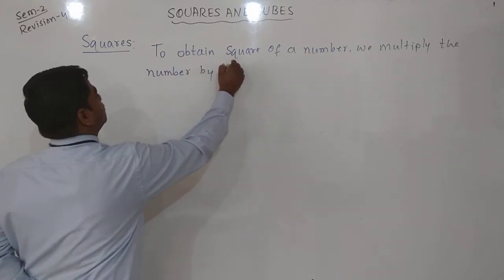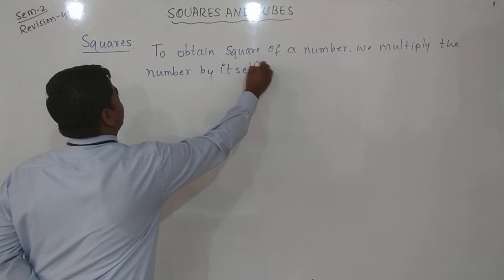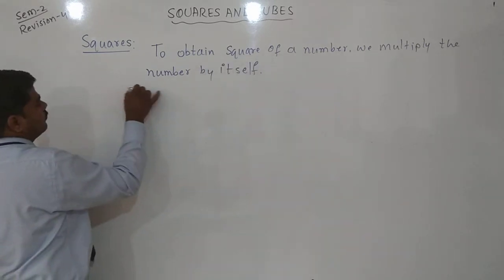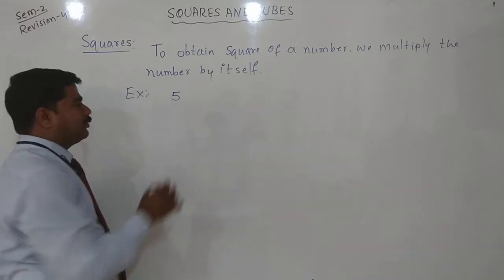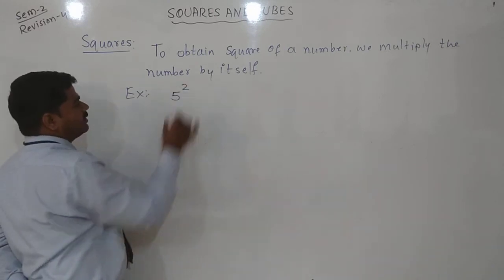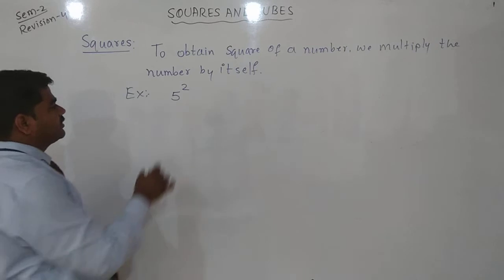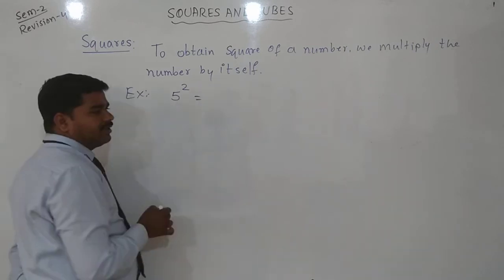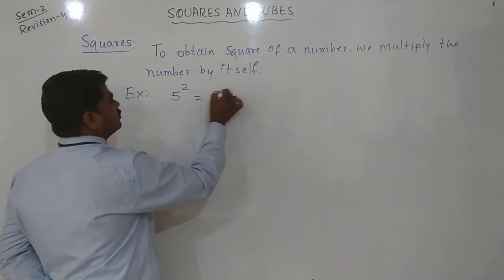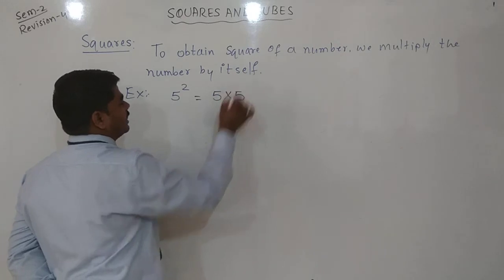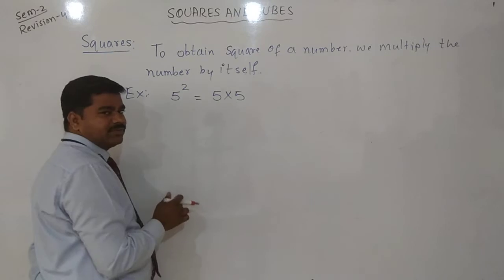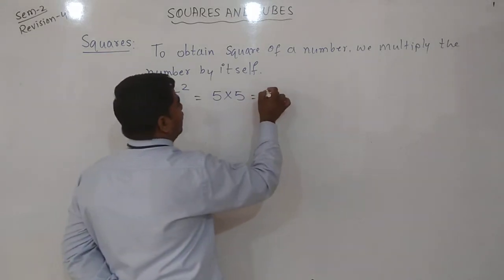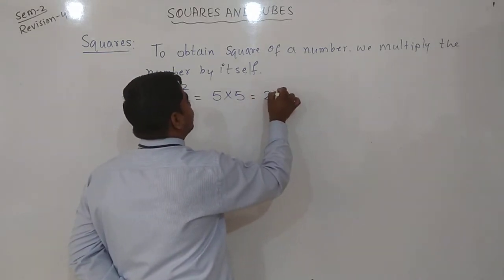Example: if we want the square of 5, how will you write it? In exponent form, 5 square. Then 5 is multiplied by itself 2 times. 5 raised to 2 means 5 is multiplied 2 times. Then we can write 5 fives are 25.